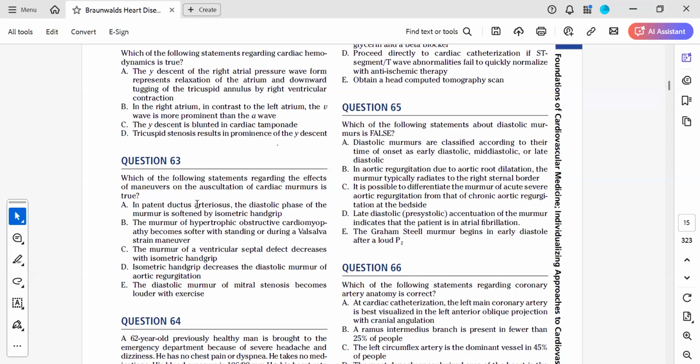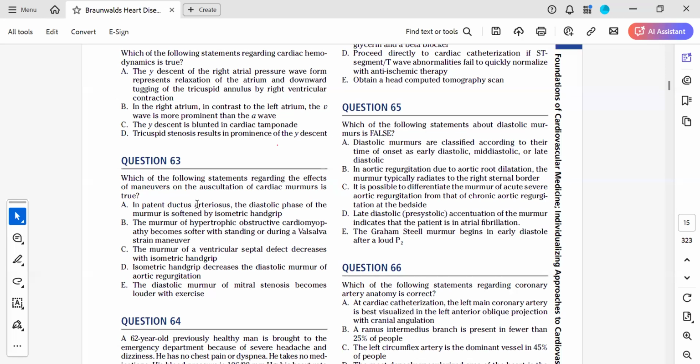So when you have ascending root dilatation, the ascending aorta expands over to the right, depending on how dilated it is, involving the right sternal border. So it simply means that when you're hearing the AR more for aortic root dilatation, you hear it more to the right side.